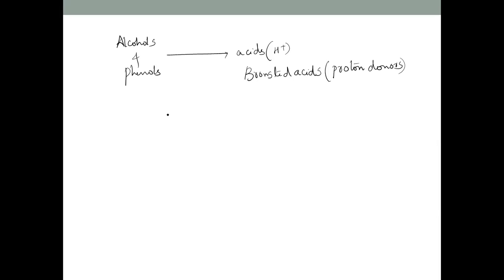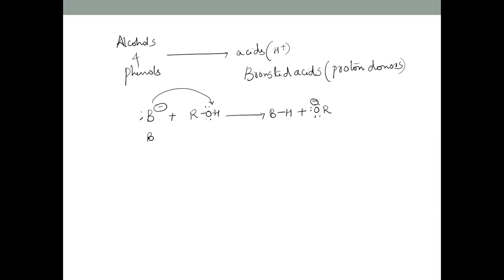So I can show you a generalized reaction of Bronsted acids, where this is a base here. This is losing H+ to the base here, giving BH+ plus OR minus, so this is an alkoxide here.